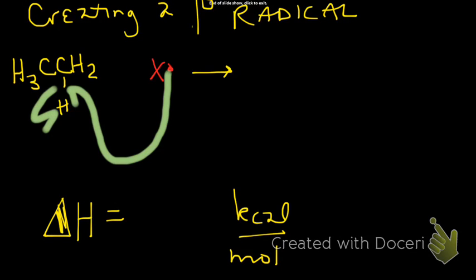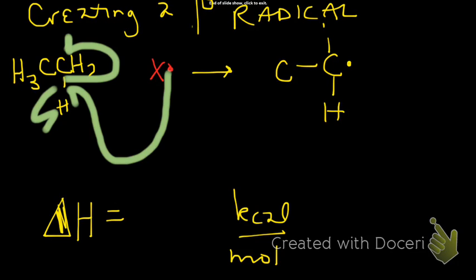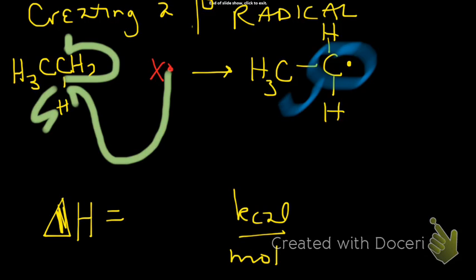But one electron goes with the hydrogen, one electron stays with the carbon, and we're left with a primary carbon radical. And that's because, and I'm going to really exaggerate the way this looks, the carbon that has the radical is touching only one other carbon. And so that's why it's called a primary radical.